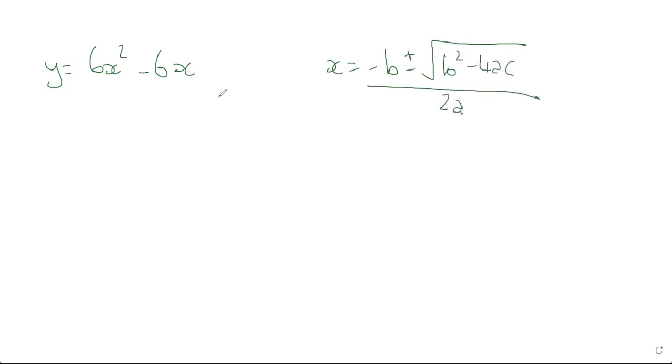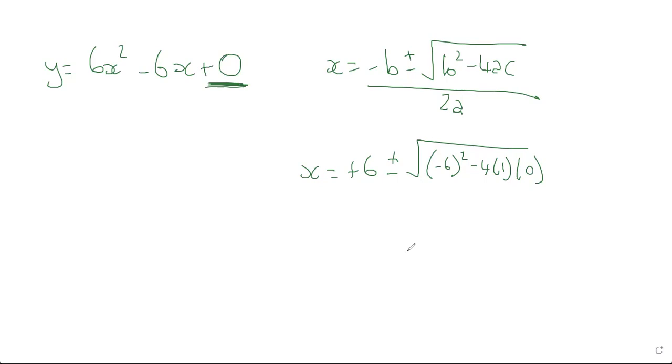So if I wanted to do this, I would just put in these values. Negative b is positive 6 because this bit's b, plus or minus the square root of b squared minus 4 times a times c is 0, right? Because there's nothing over here. That's 0. All over 2a, 2 times 6.